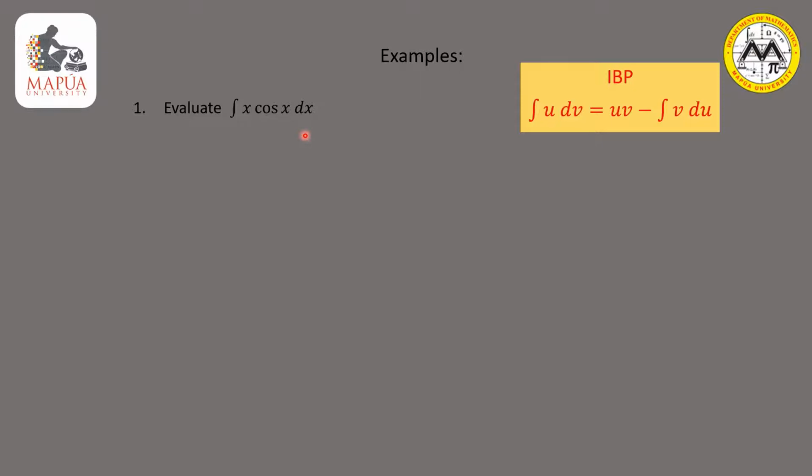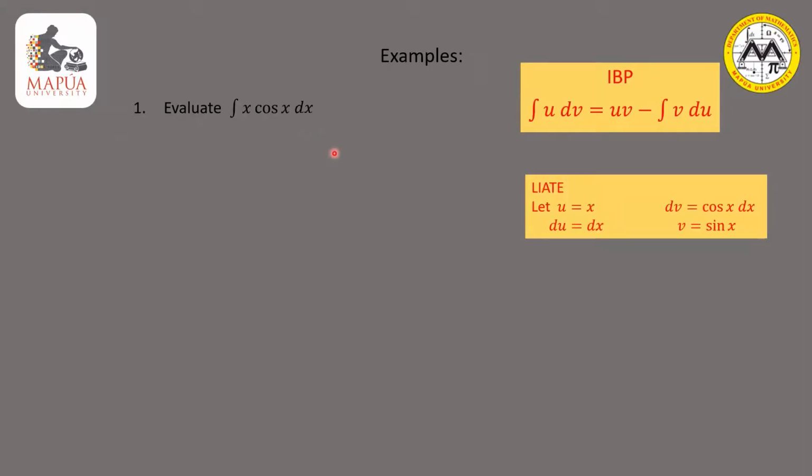Now, we assign what our u and dv functions are. Please take note that we have this acronym that will tell us the priority of which function to be assigned u. Here we have the factors x and cosine x. x is algebraic in nature, cosine x is trigonometric.